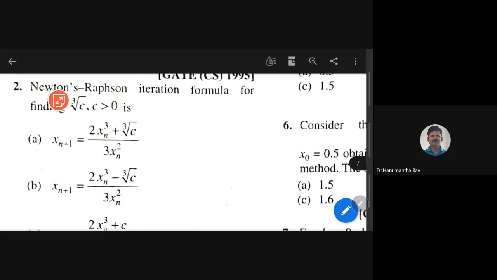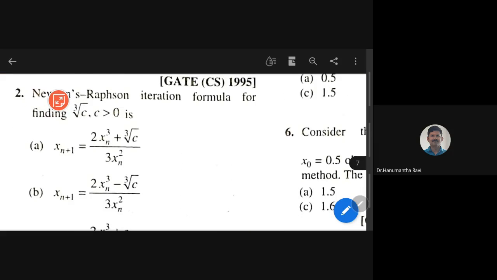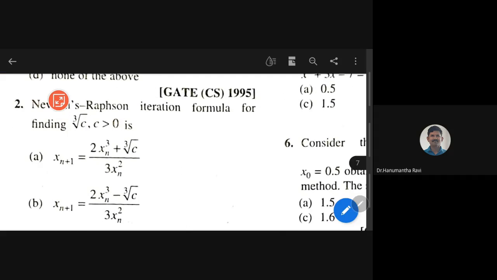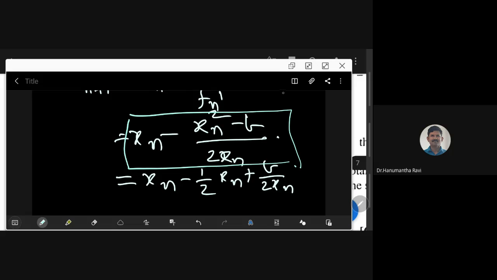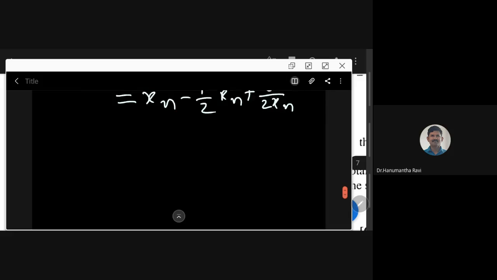So the second one is the Newton-Raphson iteration formula for cube root of C. So for the next problem you need to find the cube root of C. C is positive; he says we need not worry about that, strictly speaking.